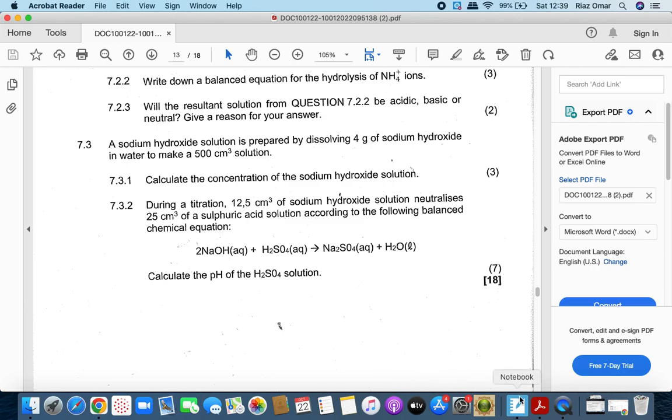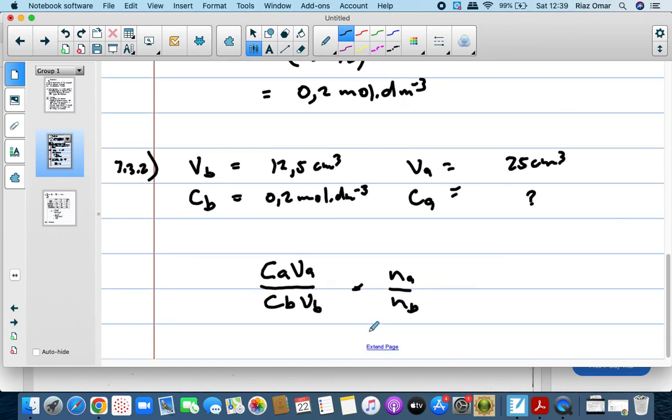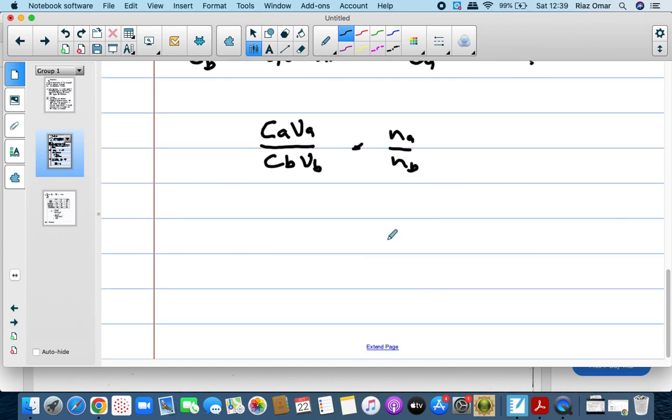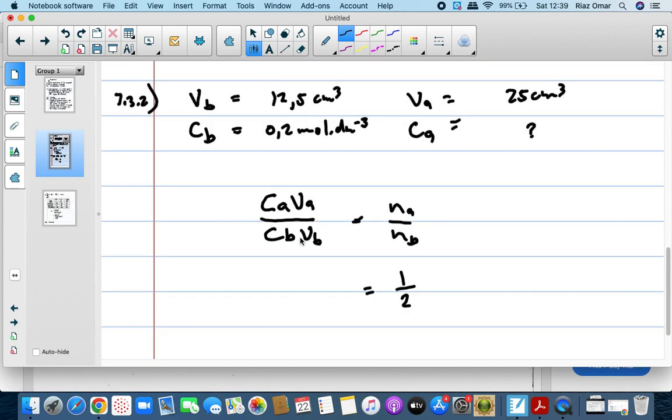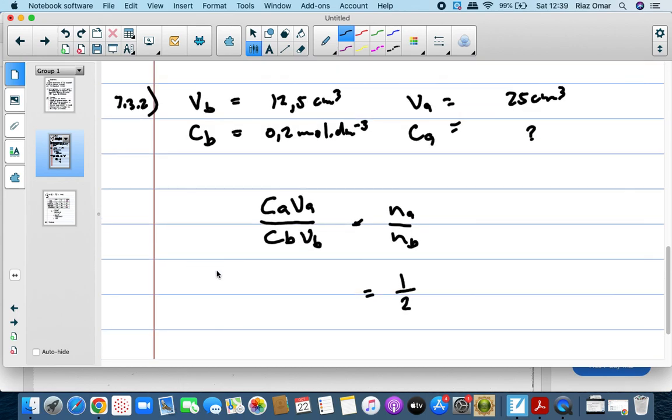So 2 base over 1 acid. We should remember that. This will be 2 base over 1 acid. The concentration of the acid, we don't know. The volume of your acid will be 25. You don't have to convert it because it will cancel out.